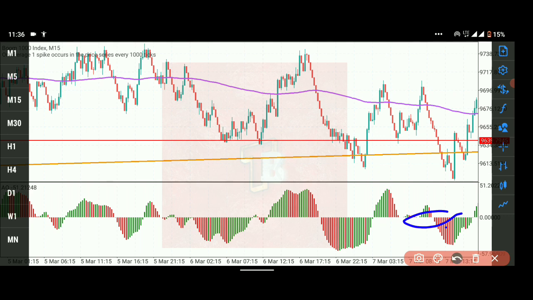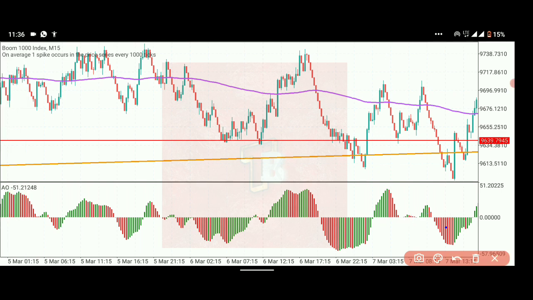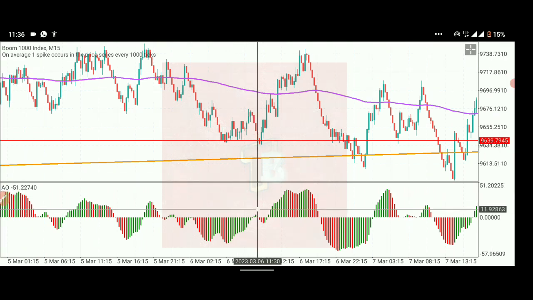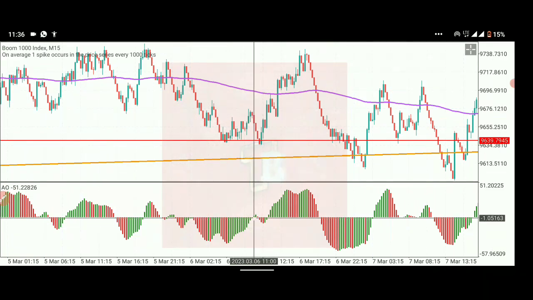To trade this zero line, once the histogram is above the zero line, we don't enter immediately. We wait for the close of that candle above the zero line for us to take a buy. For instance, we have this area here, this is a switch over.